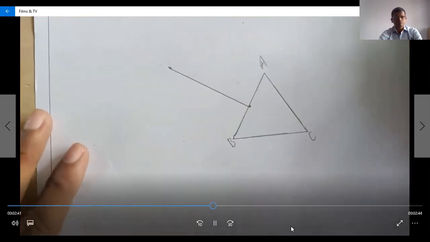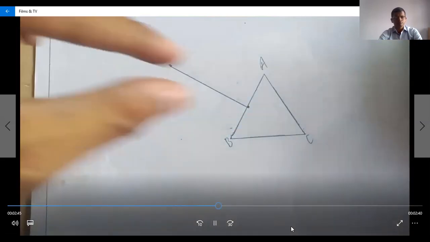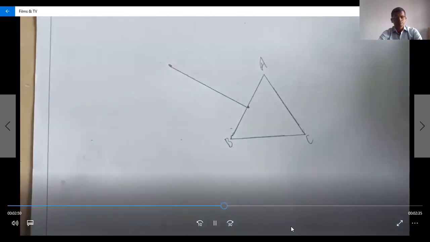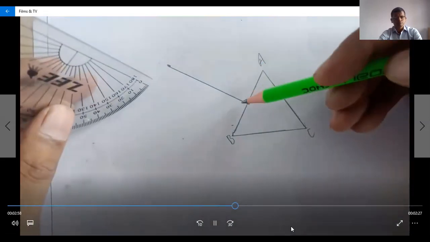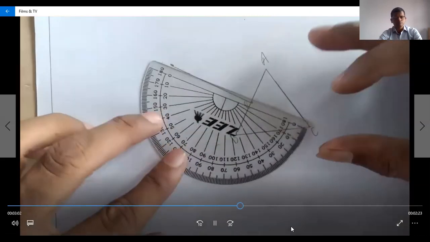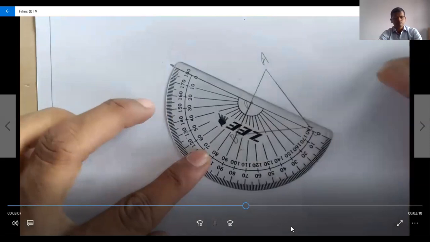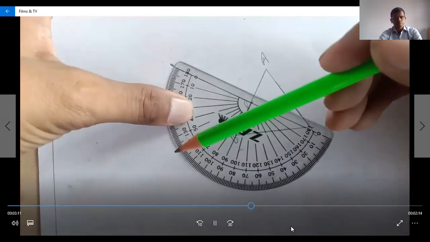So how do we measure the 65? This area, this surface, is the angle of incidence, and this area is the angle of emergence, and here you find the value of the angle of deviation as per the theory. So how to create an angle of incidence of 65? First you put the protector, and you find the value of 65 between 60 and 70.